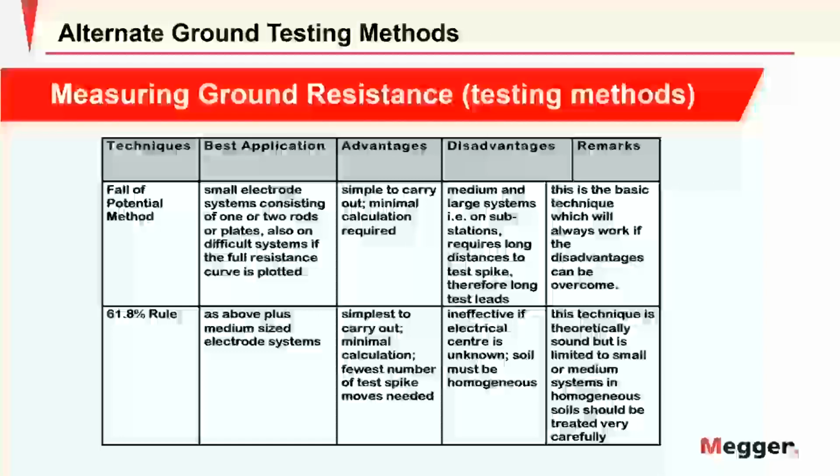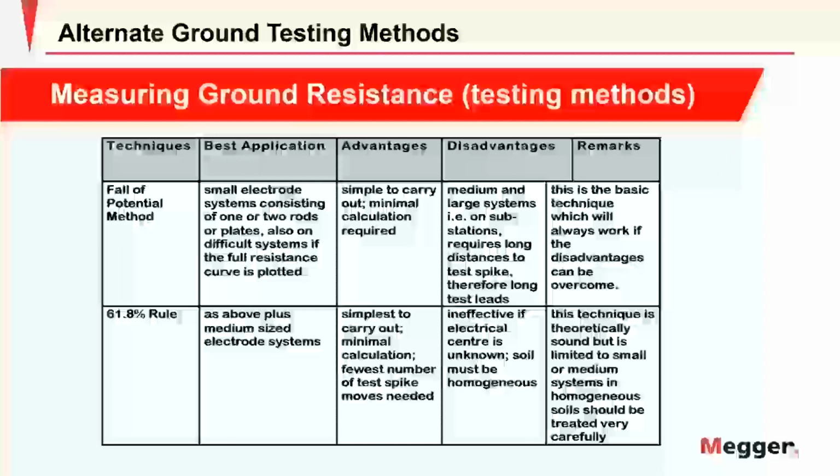The 62% method is very easy. That's one measurement, but it is subject to error because at 62% of the distance to your current probe, there could be a water main, a power line, whatever, running under that position, and your reading could not be representative of the area. So it has that risk built into it.